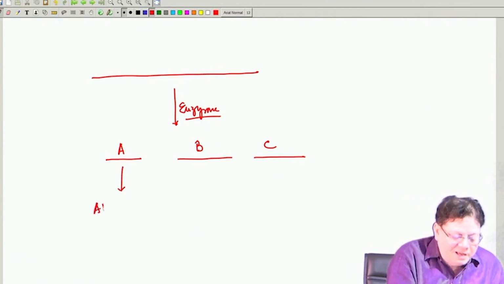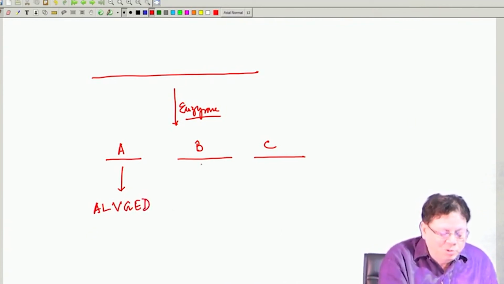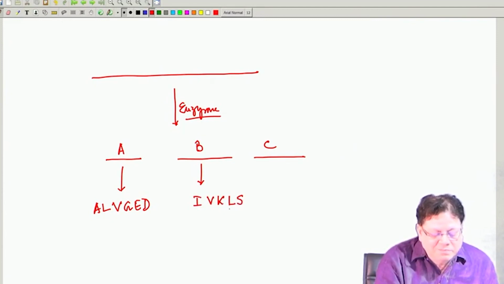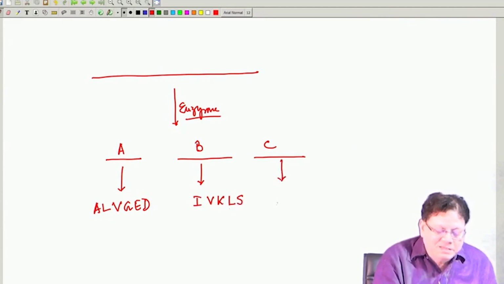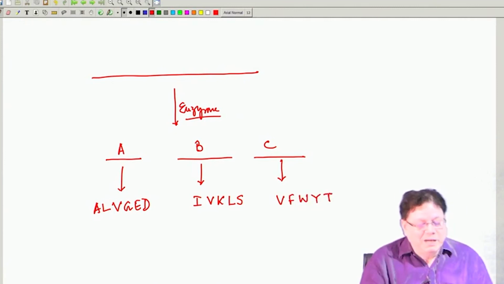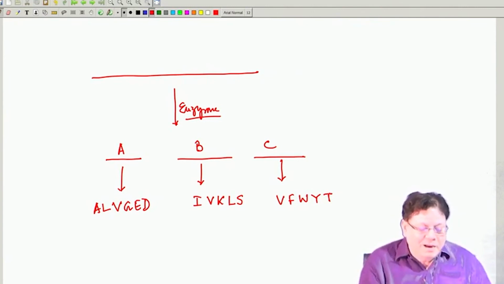Say A, L, B, G, E, something arbitrary. Suppose this is I, V, K, L, S, and the sequence of this is, say, V, F, W, Y, T. So, these are the sequences from Edman degradation.